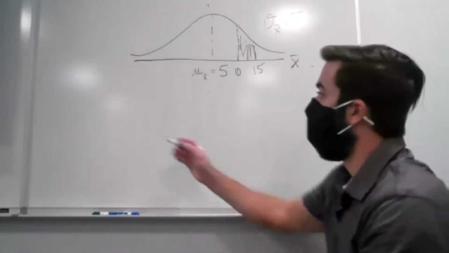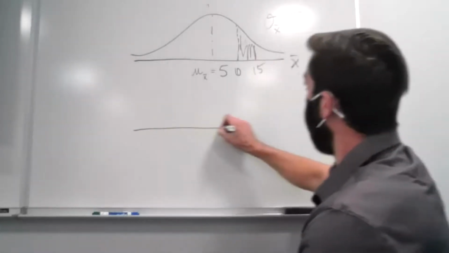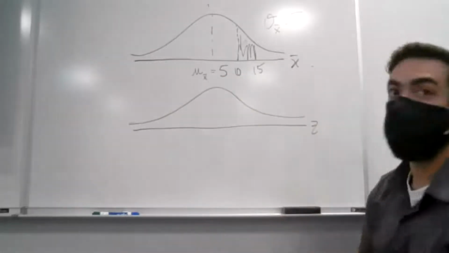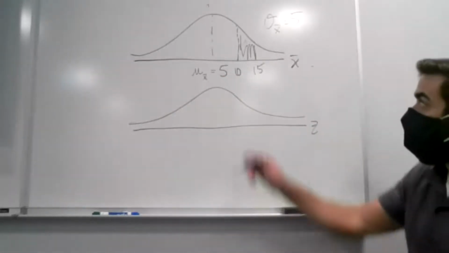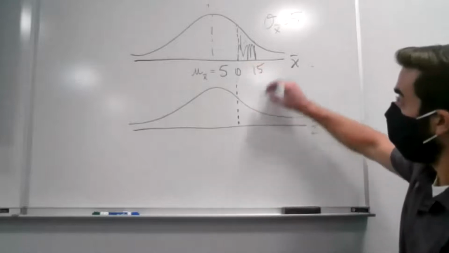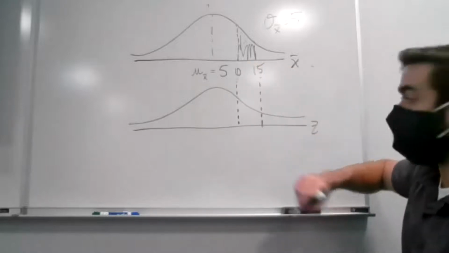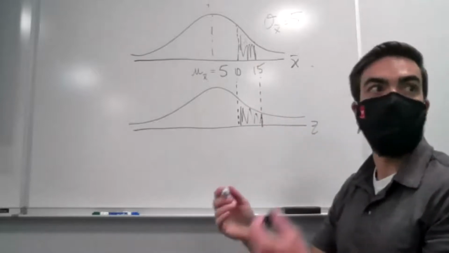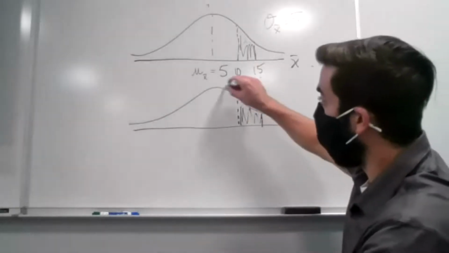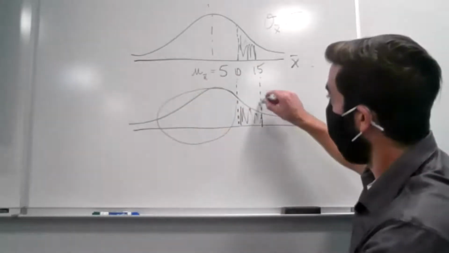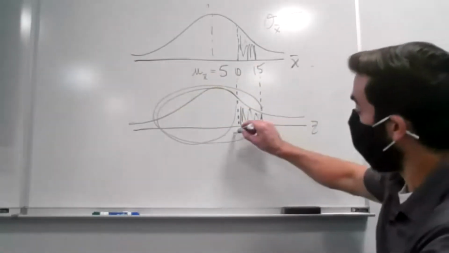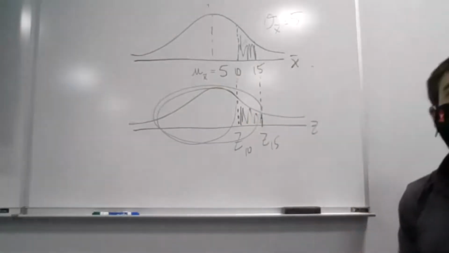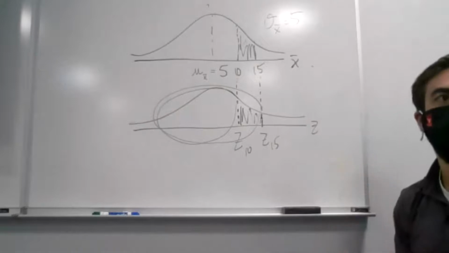But I can find the actual probability by turning this into a z-score. I'll turn 10 into a z-score and 15 into a z-score. I want the area in between the two. We actually already worked through a problem like this. Once we get the z-scores, I find the probability I'm below each one, subtract the smaller from the larger, and I'll be left with the area in between.